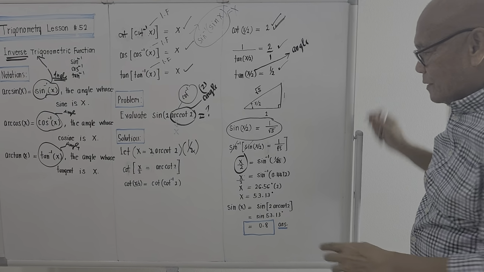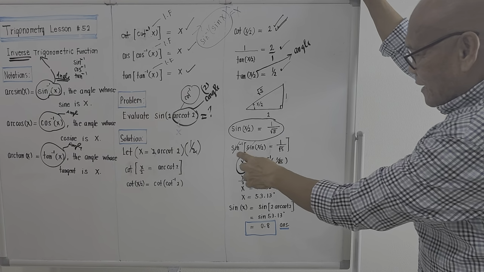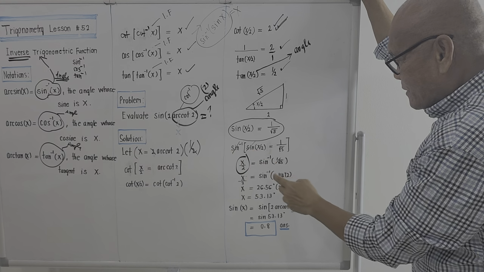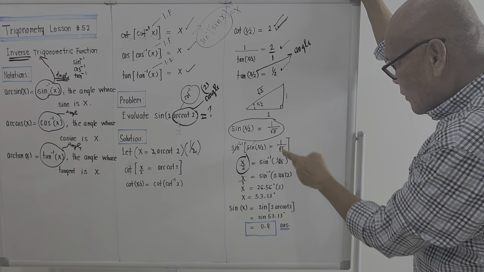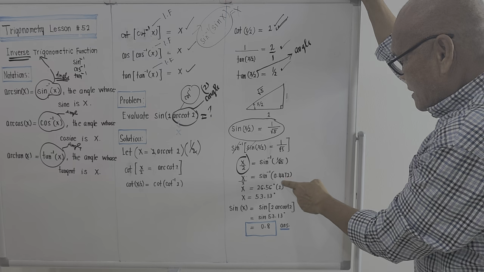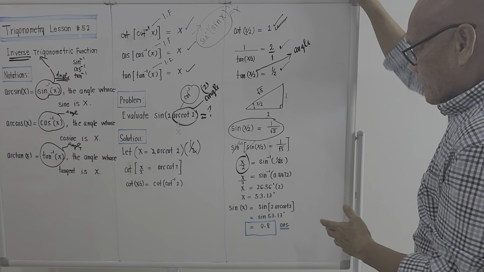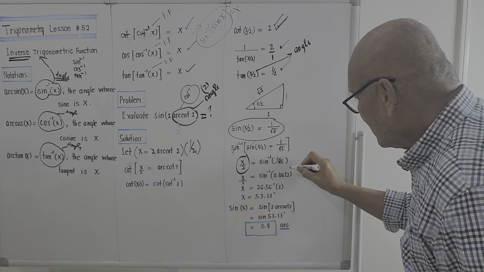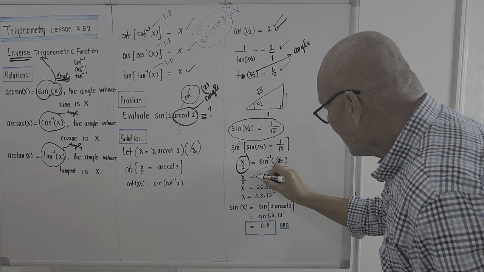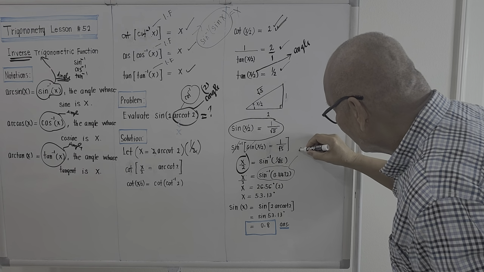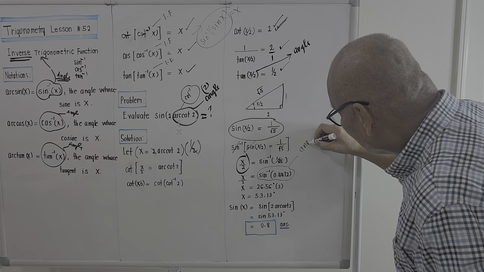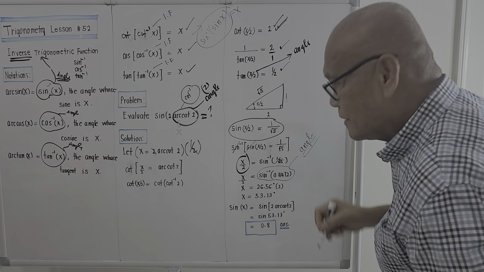Equal to, the right hand side, we will take the arc sine, so sine to the minus 1 of 1 over square root of 5. This is 0.4472 by using our calculator. Like what I said, this portion here is actually an angle.